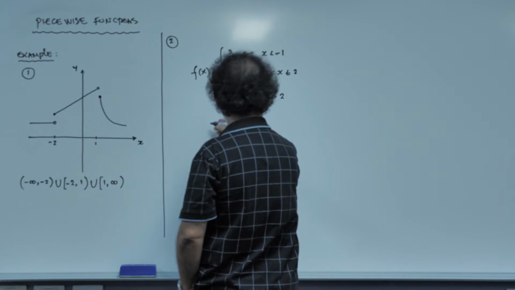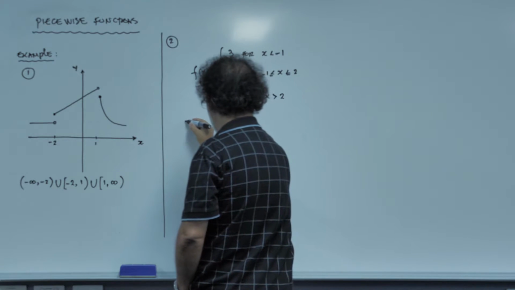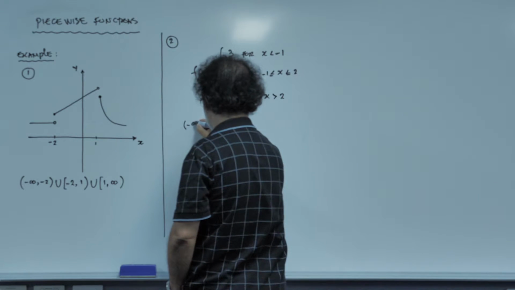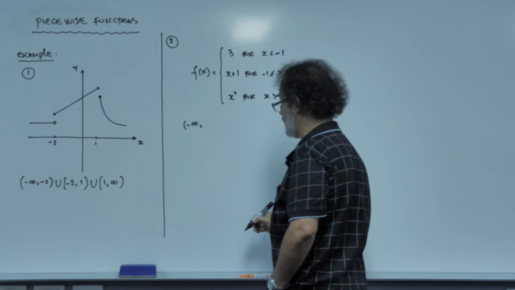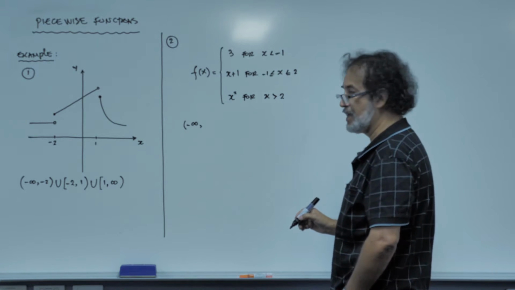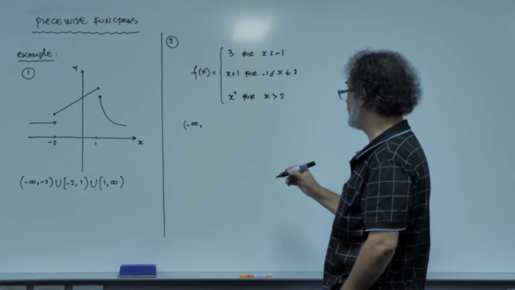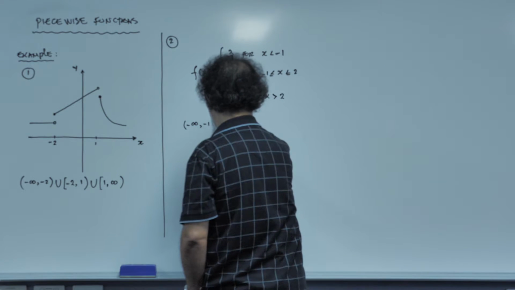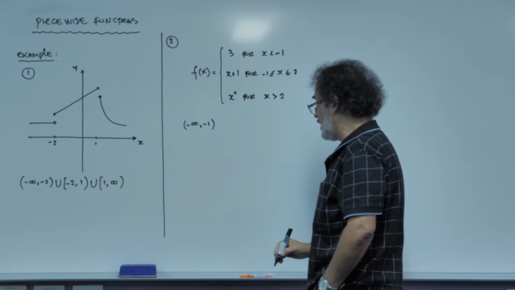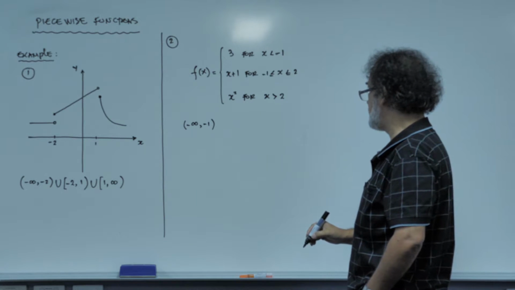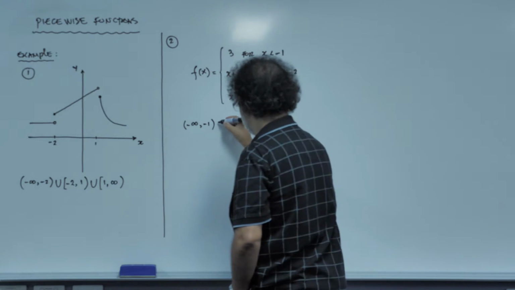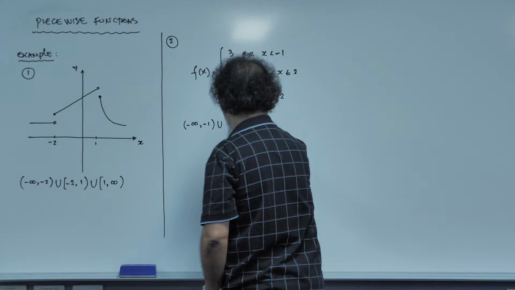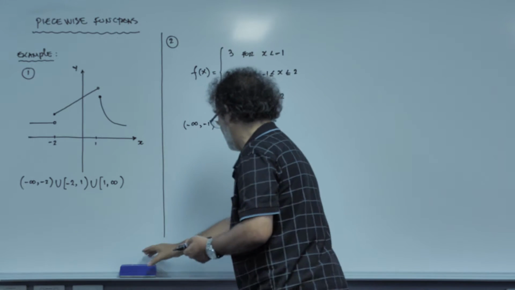But before that, we're going to write the intervals. The first interval starts from -infinity and goes all the way to -1 exclusive. And then the next interval will go from where to where?